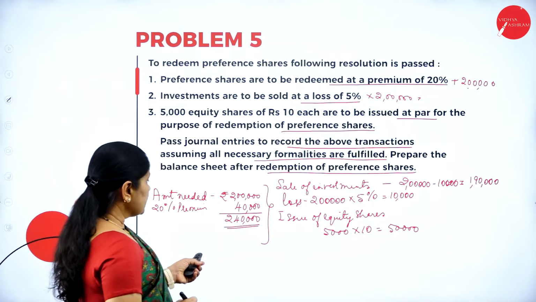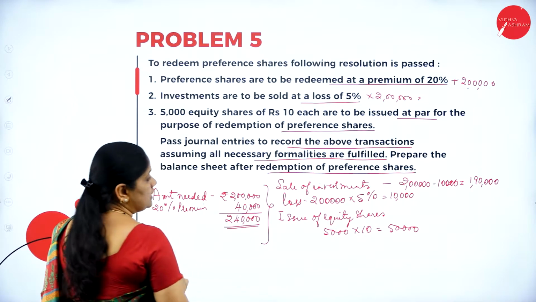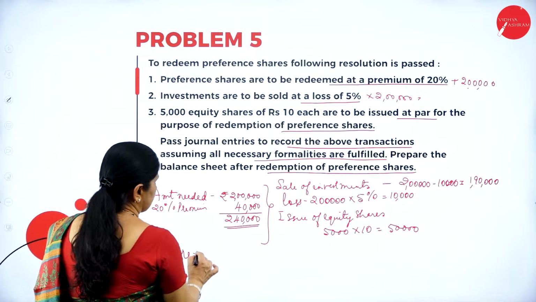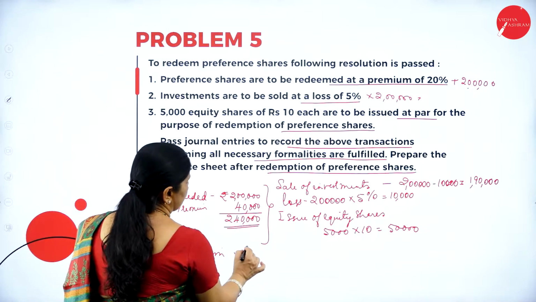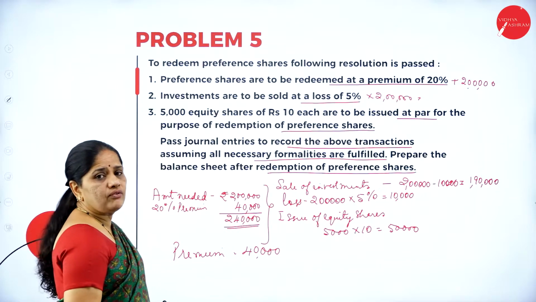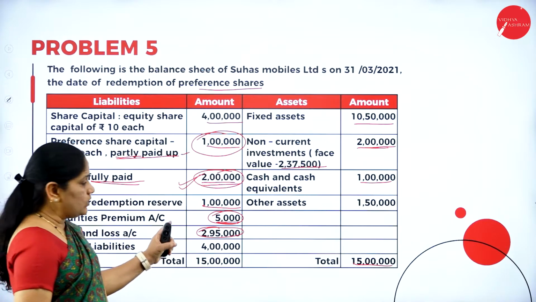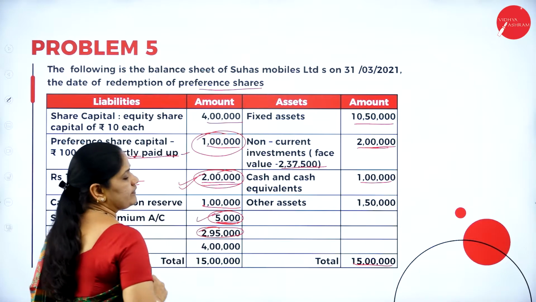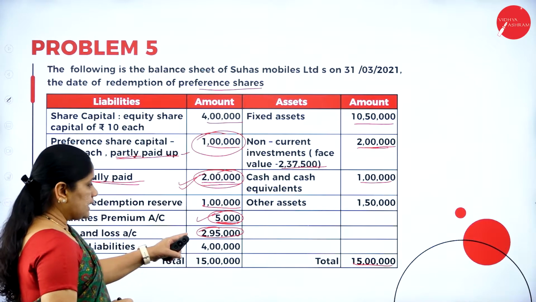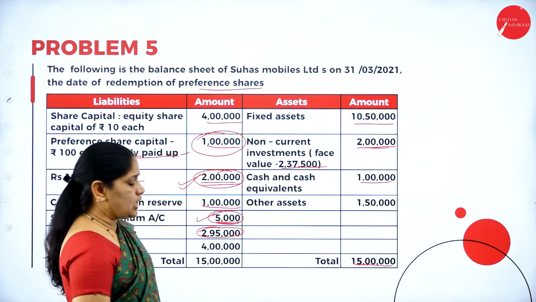Now, the next thing is we have to arrange for the premium money. So, what is the premium money here? So, premium money is 40,000 rupees. So, for this 40,000, we have to see what is there in the balance sheet. So, do we have securities premium account? Yes. So, this 5,000 we will make use of from the securities premium account, and then the rest of the 35,000 I will have to draw from the profit and loss account.